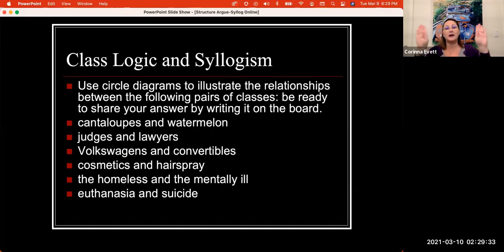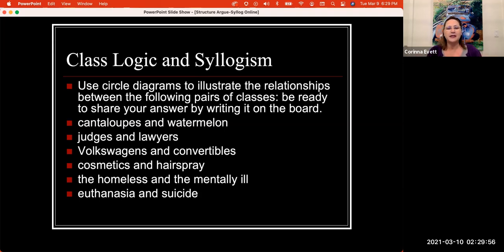Some of you maybe thought of cosmetics as just being makeup and hairspray as being hair products, so you might have made them exclusive. But if you were thinking about cosmetics as being all the sorts of materials that we use to dress up ourselves, then that's why you might have put inclusion. Some of you maybe even did overlap.